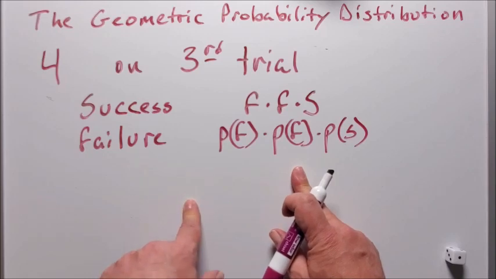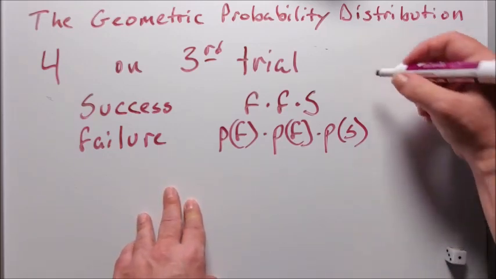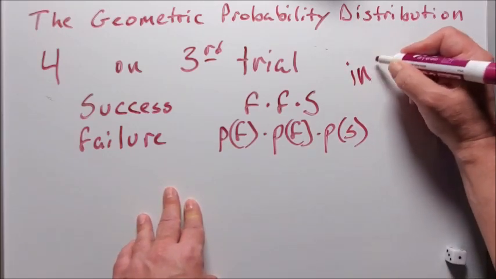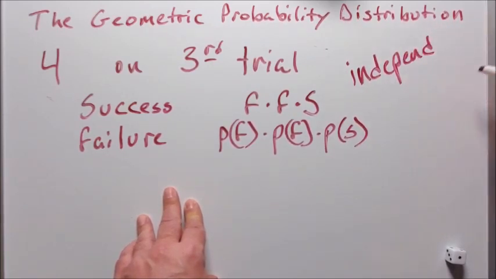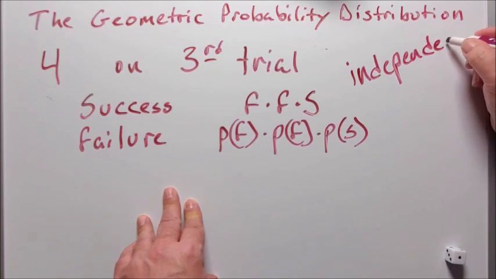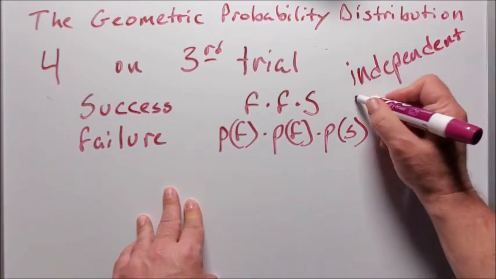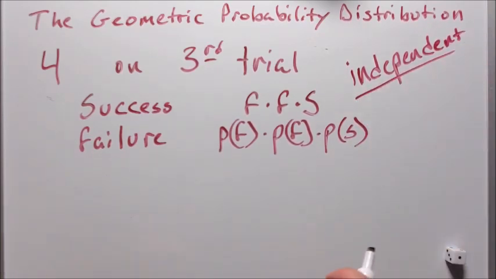We can figure this out. Now, we can assume that this is a fair die and that all rolls are independent. Right? That's true of dice generally. So how would that work out?